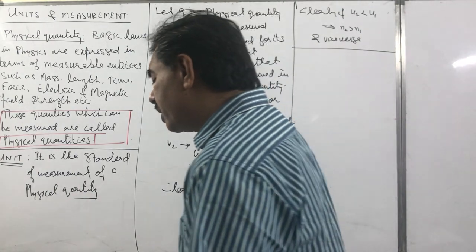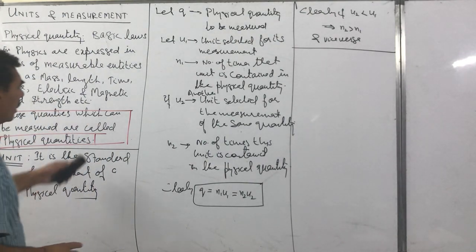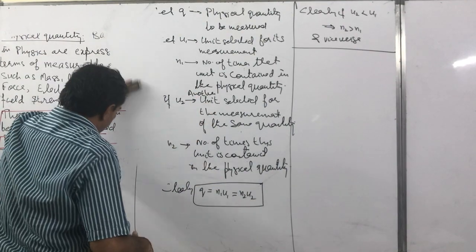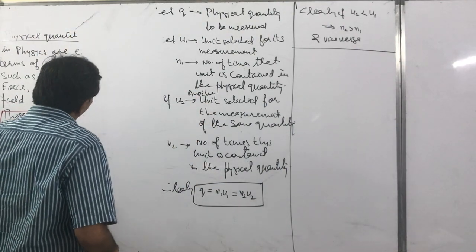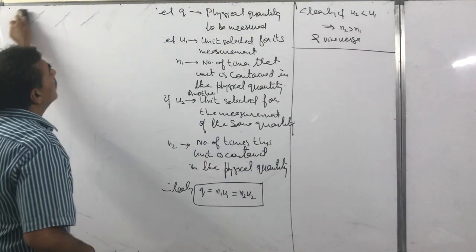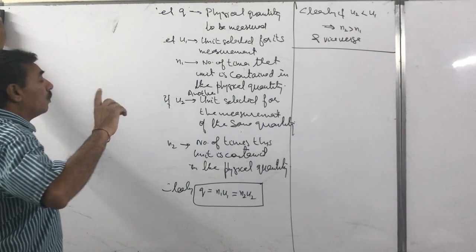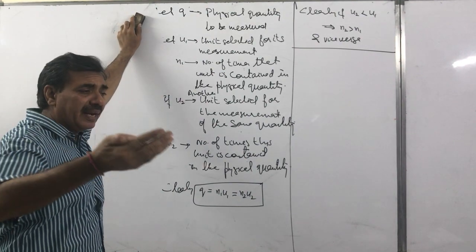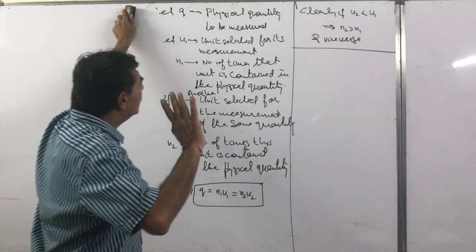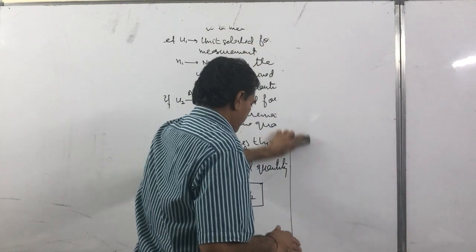Now, there are some quantities which are called fundamental quantities or basic quantities. In the study of mechanics, we divide physics into mechanics, electricity, magnetism, optics, nuclear. But let's talk about mechanics only, because that makes a lot of sense to you also.